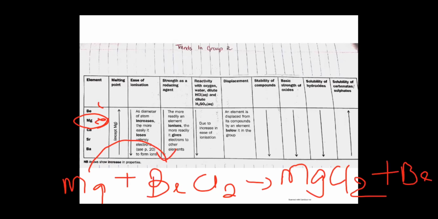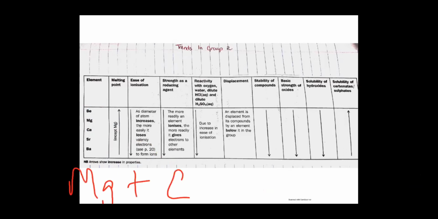So once the element is below the other one in this particular group, it could kick it out. But you can't say, let me redo this one, that magnesium is going to react with calcium chloride.